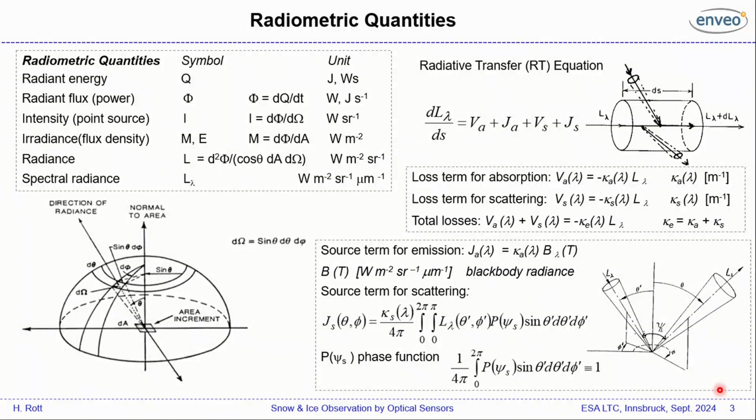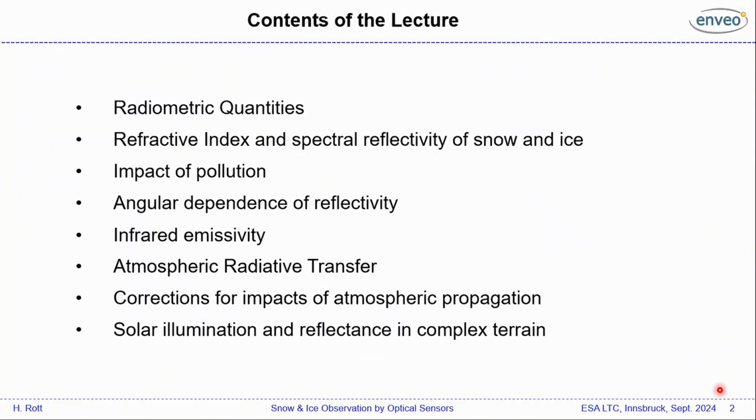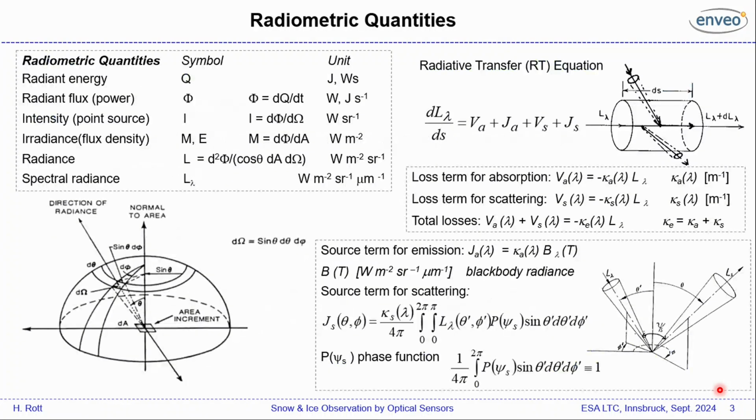Now, in the lecture, as I mentioned before, I start with these radiometric issues. What we will hear about here is mainly the parameters we're looking at: irradiance, which is the radiation on an area increment from the semi-space, so from all around, from the heavens.